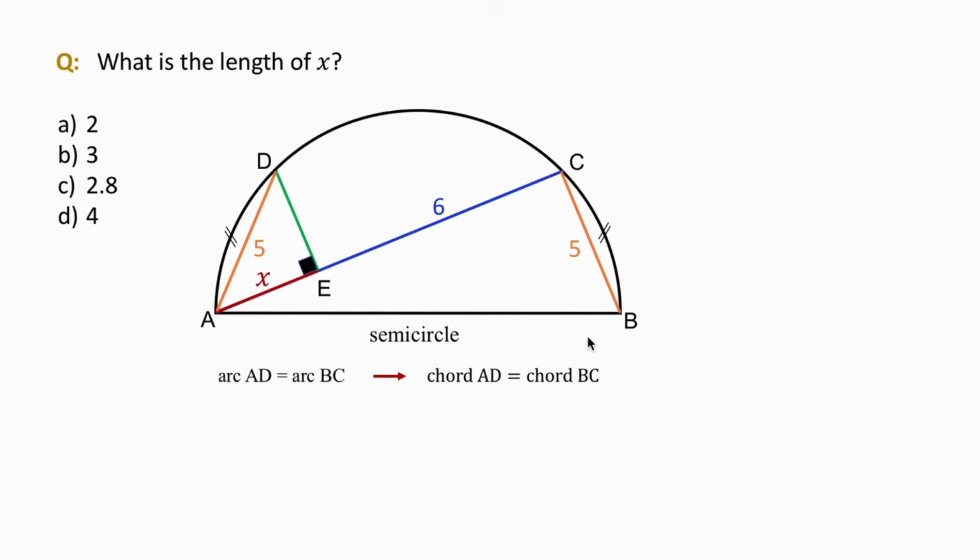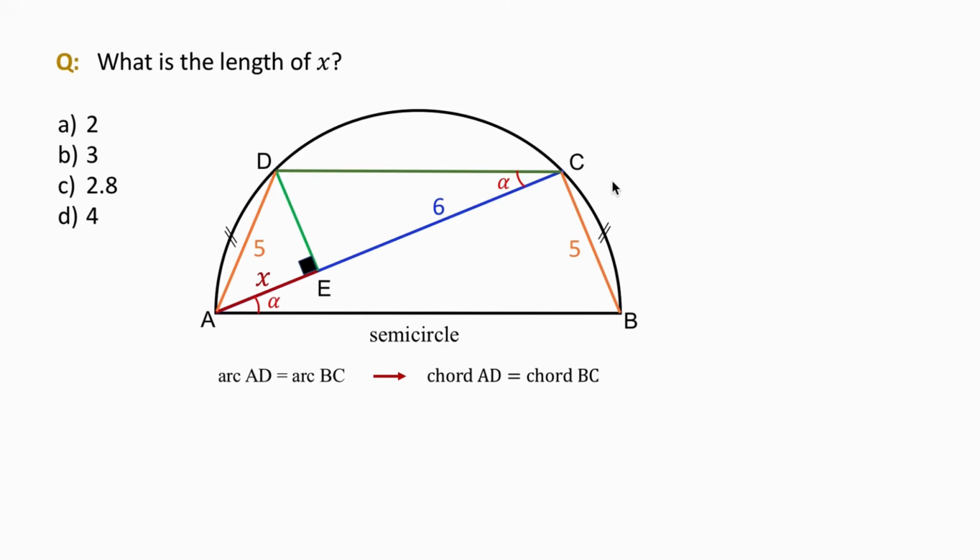In other words, if we draw a horizontal line from C to D, that line will be parallel to the diagonal AB. Since arc AD equals arc BC, the corresponding inscribed angle alpha at point A and C are equal.